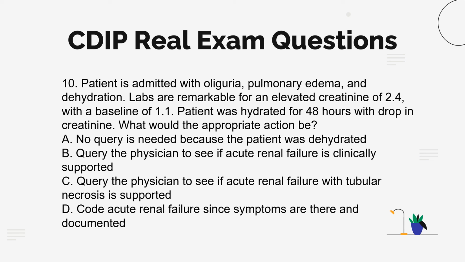A. No query is needed because the patient was dehydrated. B. Query the physician to see if acute renal failure is clinically supported. C. Query the physician to see if acute renal failure with tubular necrosis is supported. D. Code acute renal failure since symptoms are there and documented.